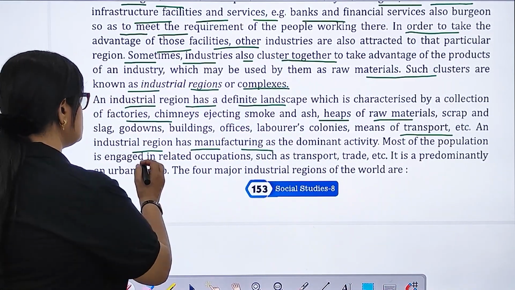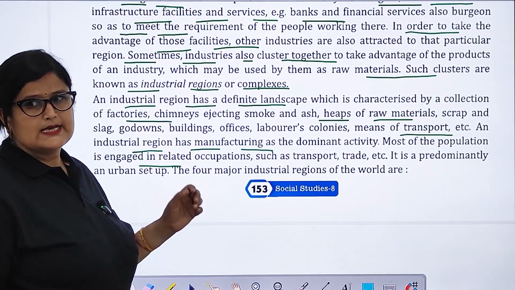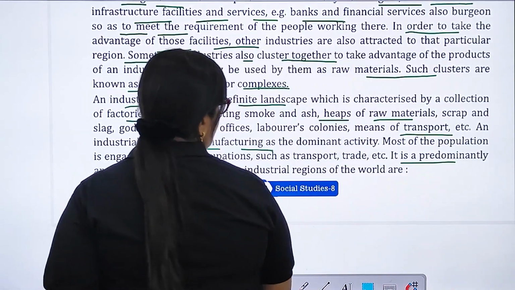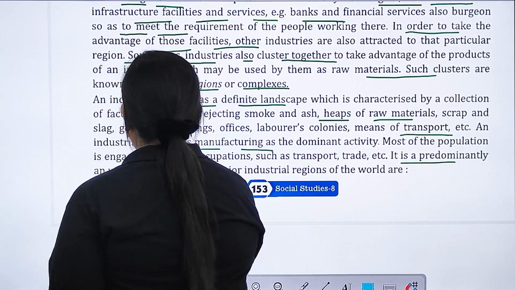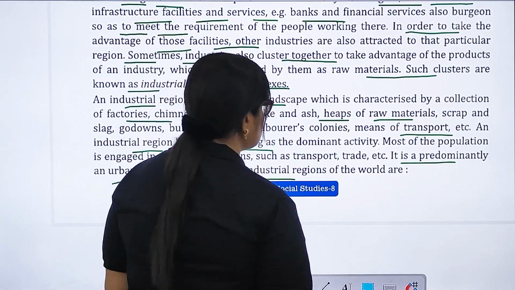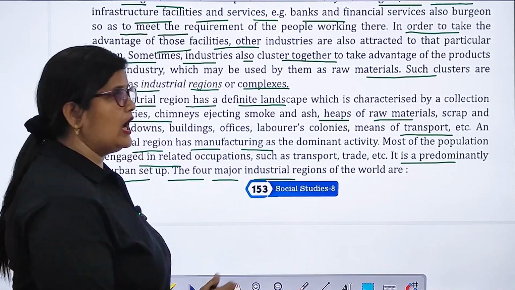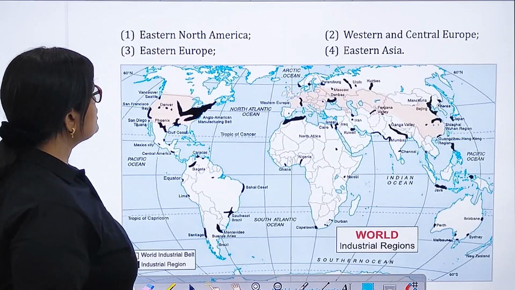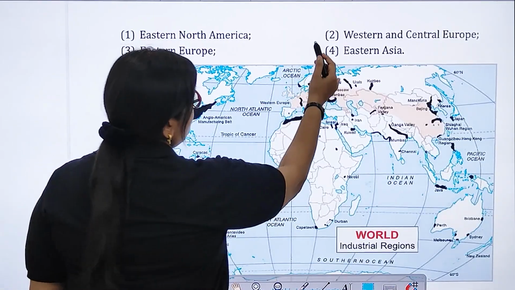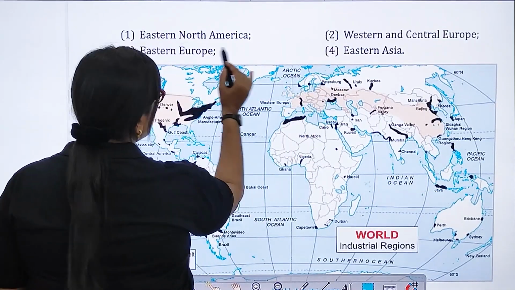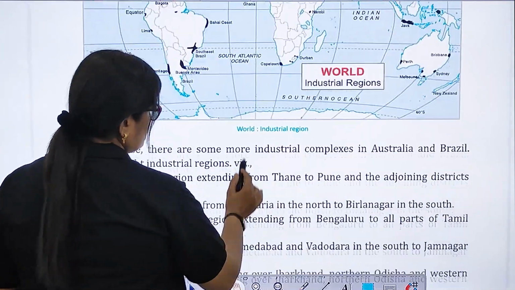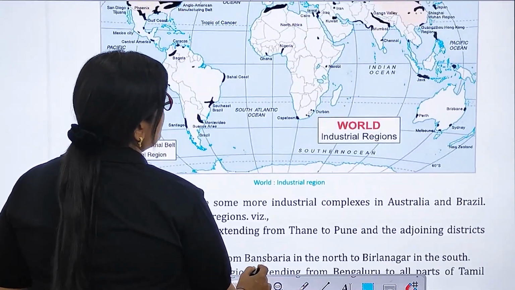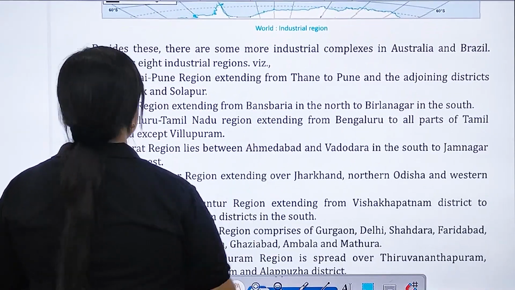Most of the population is engaged in related occupations such as transport, trade, etc. It is predominantly an urban setup. The four major industrial regions of the world are Eastern North America, Western and Central Europe, Eastern Europe, and Eastern Asia. Besides these, there are some more industrial complexes in Australia and Brazil.